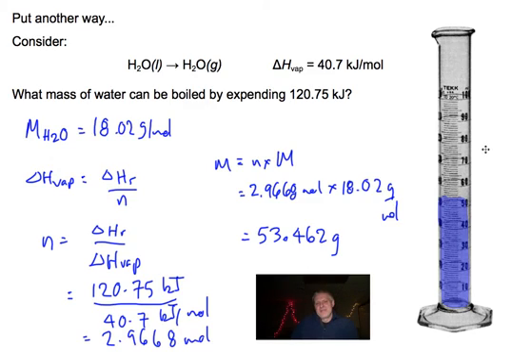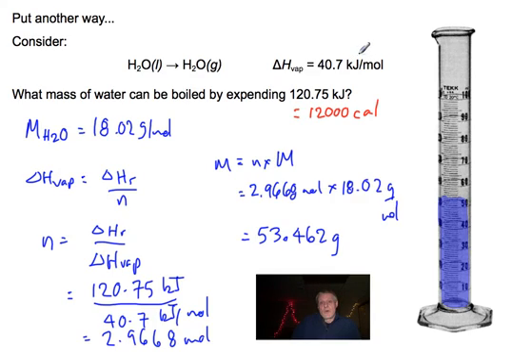Now, that number, 120.75 kilojoules, may be kind of irrelevant, so just to put it into a bit of context, it is equivalent to roughly 12,000 calories. To put it into context for me, when I run about 10 kilometers, I expend about 1,100 calories.